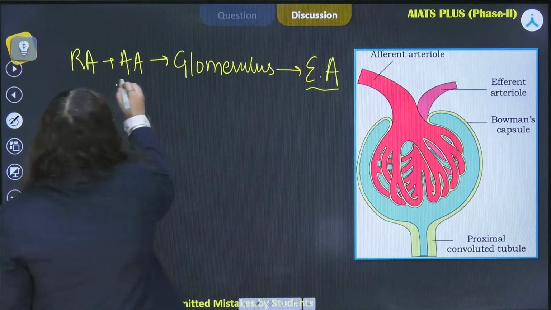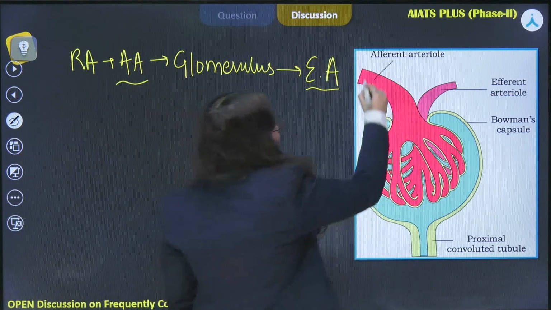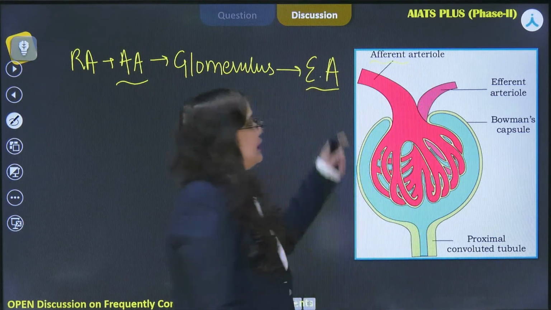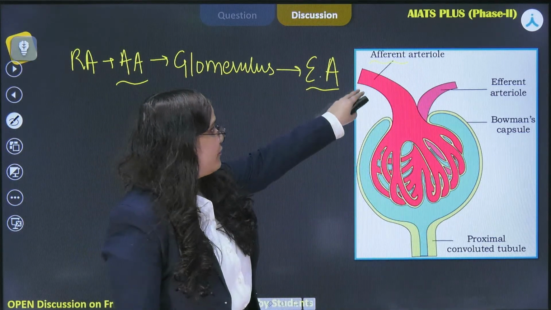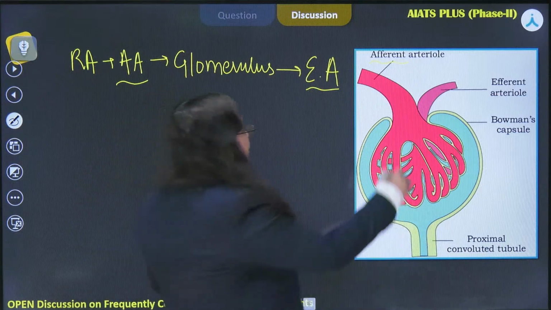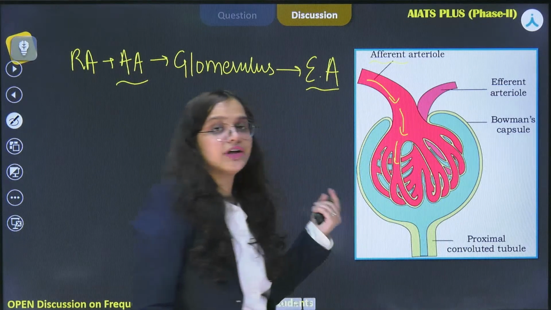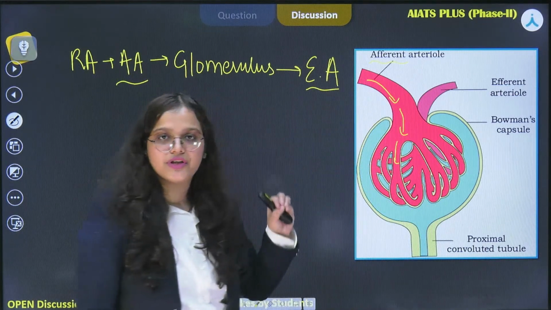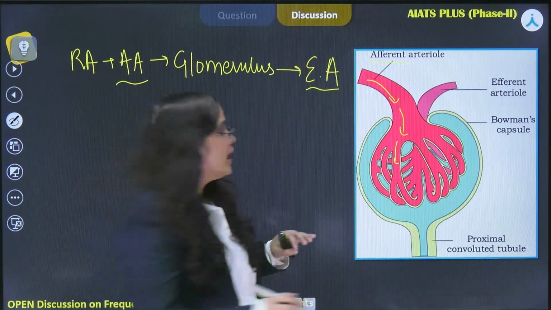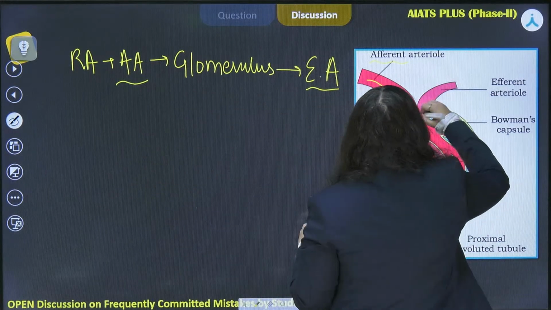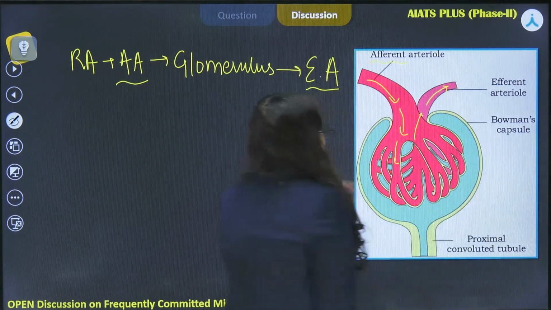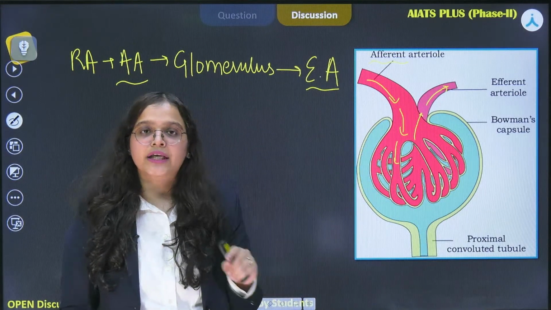All right. So efferent का मतलब हमें पता है लेकर आना. So efferent brings blood to the glomerulus, and efferent arteriole, it brings the oxygenated blood to the glomerulus, and efferent arteriole takes away the blood from the glomerulus.